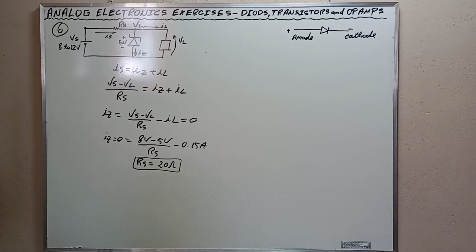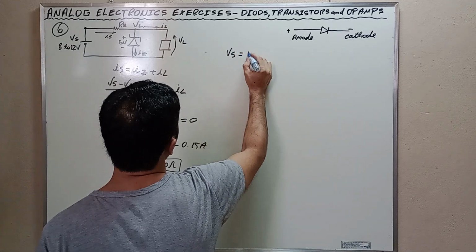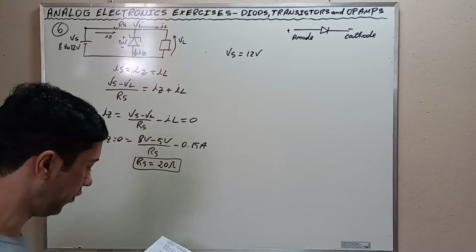Now let's work with the power dissipation. The maximum power dissipation in the resistance occurs when Vs is maximum, when it is equal to 12 volts.